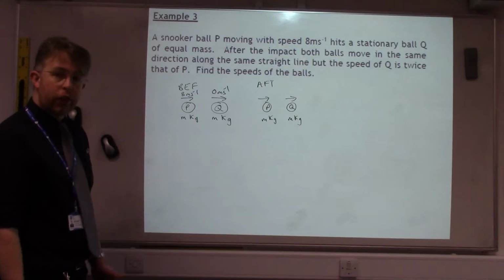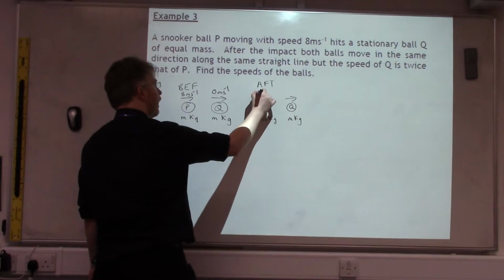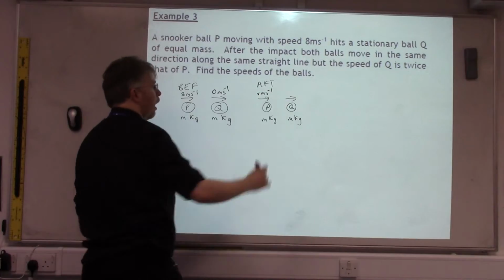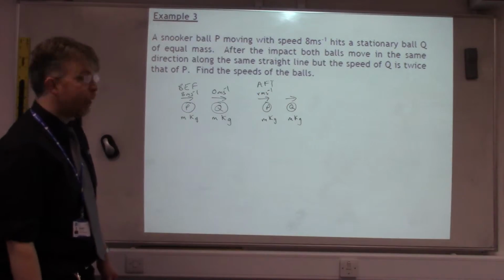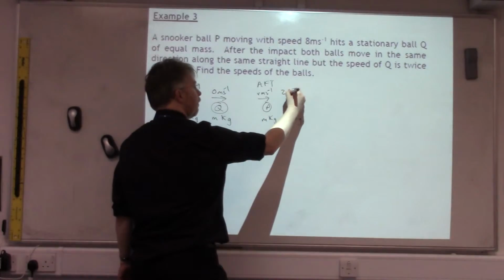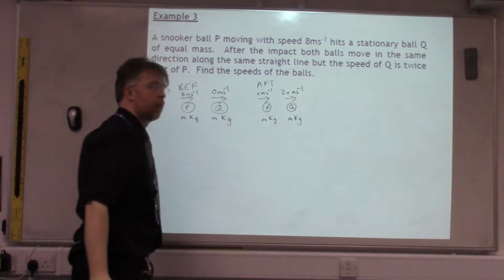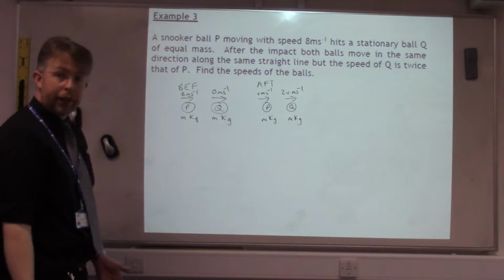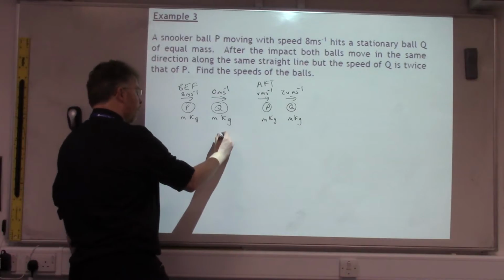So, let's call the speed of P V. And then the speed of Q is twice that of P, so it would be 2 times V. And then we can apply the conservation of momentum formula again.